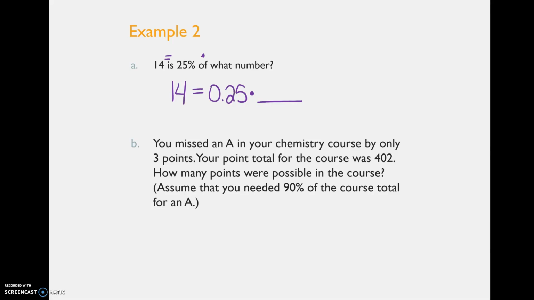Take 14 divided by 0.25. This number would be 56. If you want to set this up like a true equation, 14 equals 0.25 times x, and then divide both sides by 0.25 to get 56.